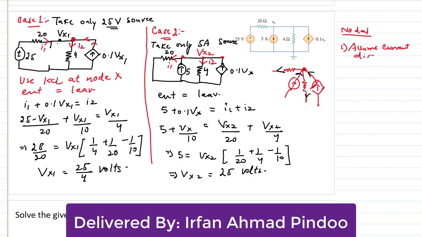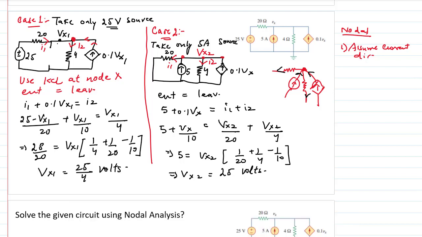Now what we have found is the Vx, this voltage, with the contribution of the 25 volts and the 5 amperes. Finally, the total voltage, which is what was required, that is Vx, is equal to Vx1 plus Vx2, because this is what superposition is: the individual contribution due to every independent source, then you simply add it up.